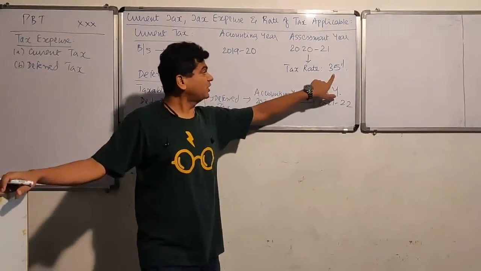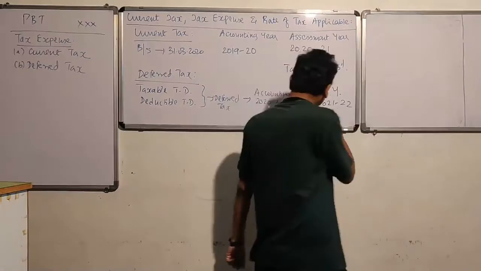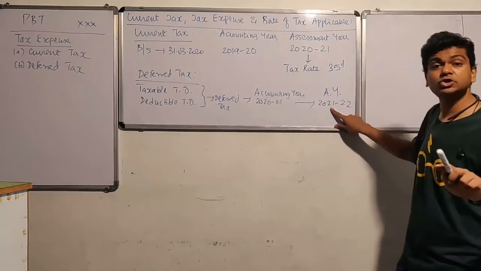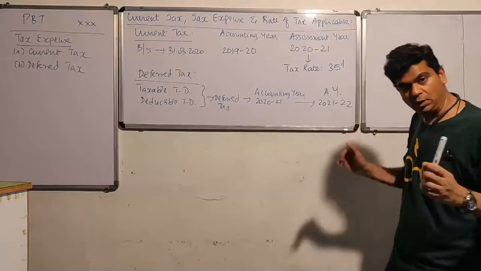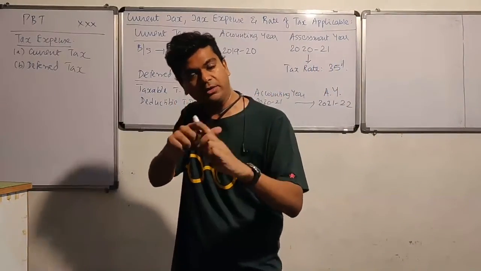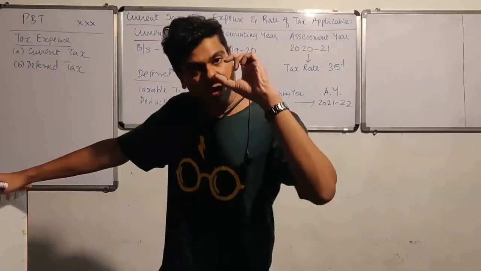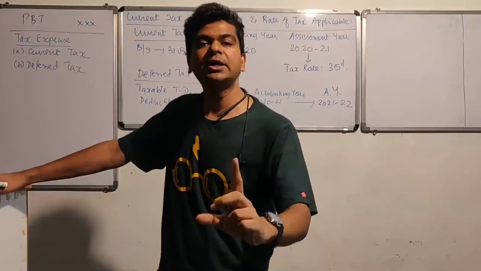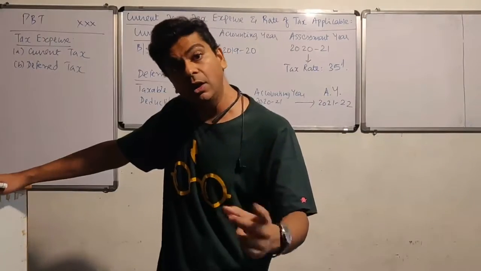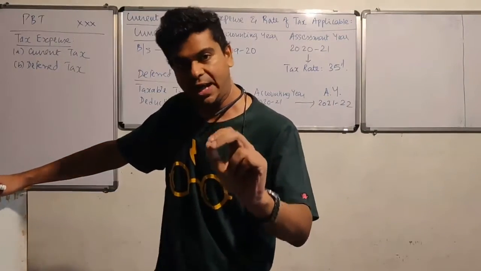This tax rate of 35% is for assessment year 2020-21, but not necessarily for assessment year 2021-22. Let's say you are already aware what the tax rate will be for the next assessment year. If you are already aware, use that tax rate for computing the deferred taxes.